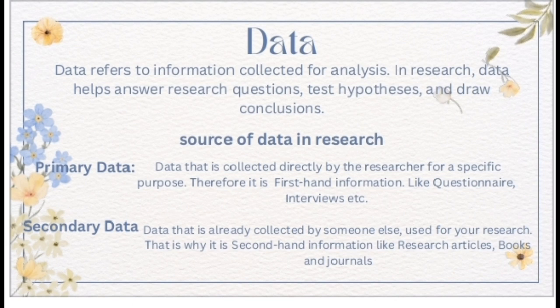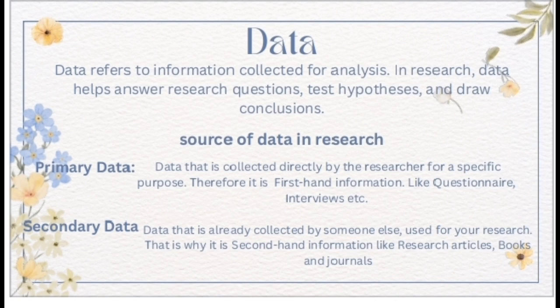See the definition: data that is collected directly by the researcher for a specific purpose, therefore it is first hand. First hand means which we collect directly. That means the data which we collect has not been used before, because we are the first ones to collect this data.